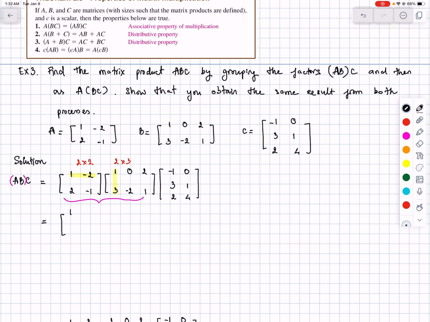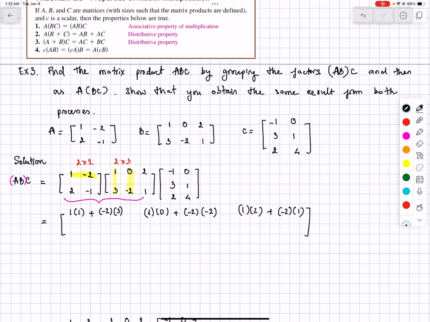So 1 times 1 plus negative 2 times 3. And then the middle one, we will multiply this and this. So 1 times 0 plus negative 2 times negative 2. The last one for the first row, we will do 1 times 2 plus negative 2 times 1.